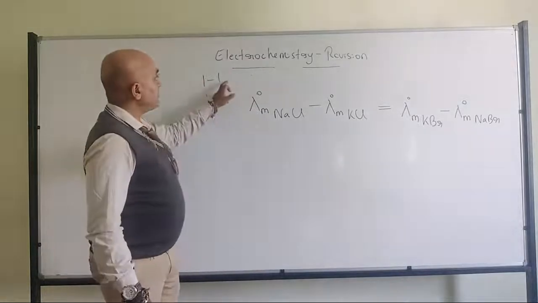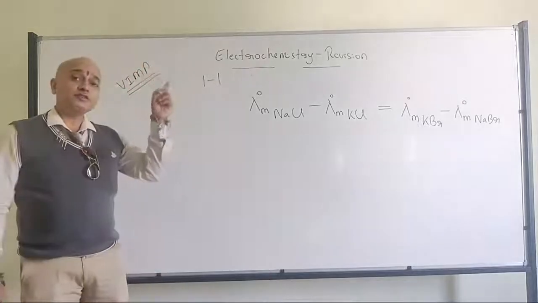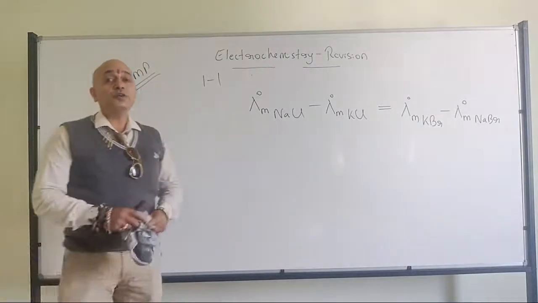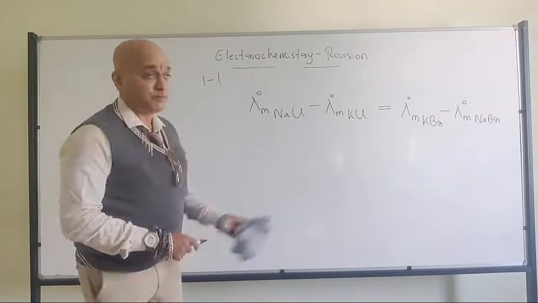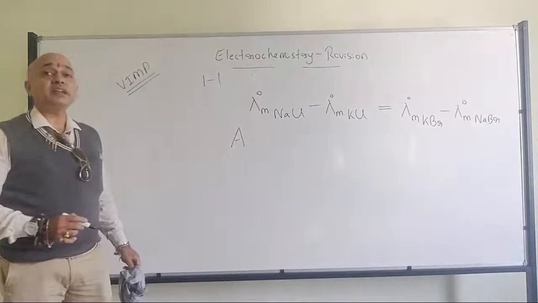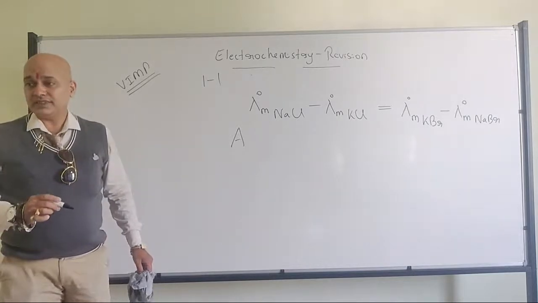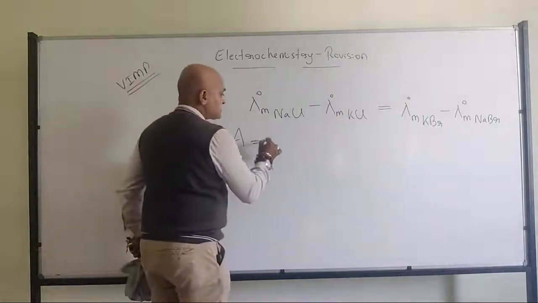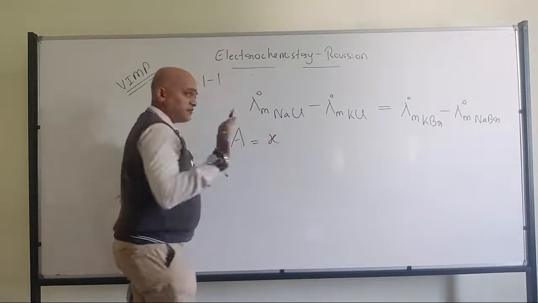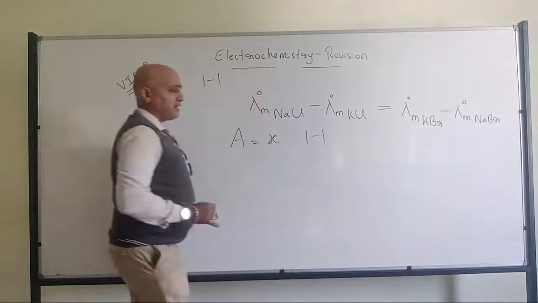This is applicable because I am going with 1-to-1. If you go back to the equation, I told you the A value, the Kohlrausch constant, will remain the same for similar types of electrolytes. For example, it can be an X value. It is the same for all the one-to-one electrolytes.